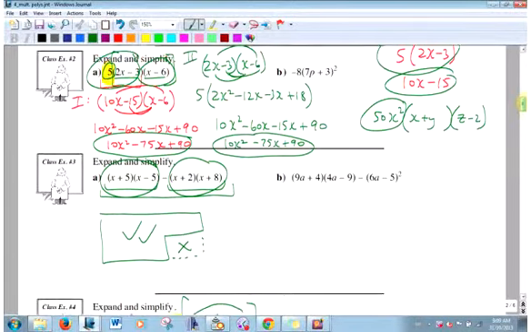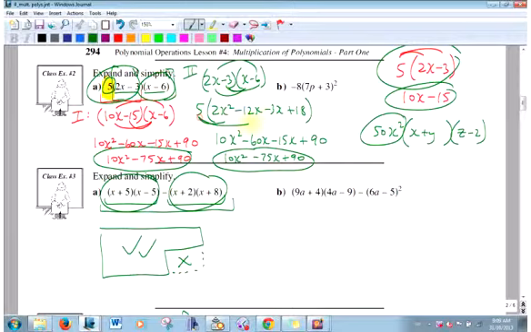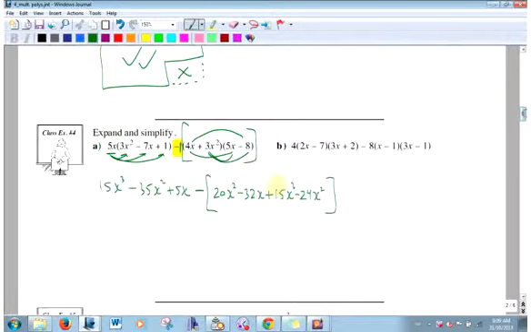Just like that 5, that minus 1 is multiplied by everything in the brackets. If you don't have brackets there, it's the wrong answer. So the only thing I'm going to do is remove these brackets. I still have this. I still have that. I still have this. Minus 20x squared.